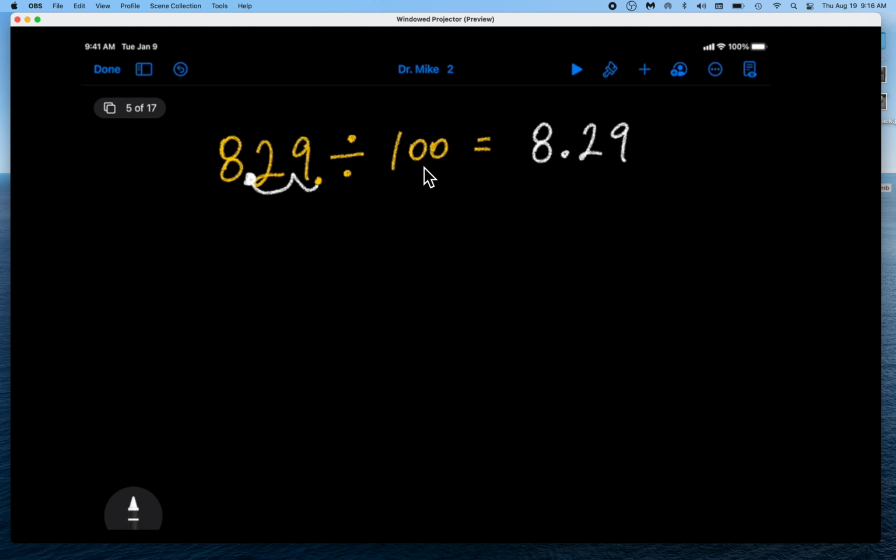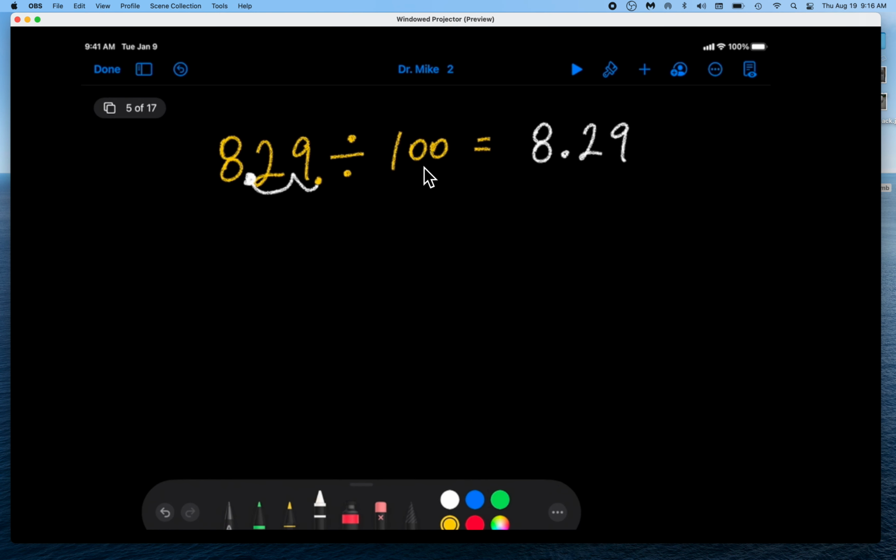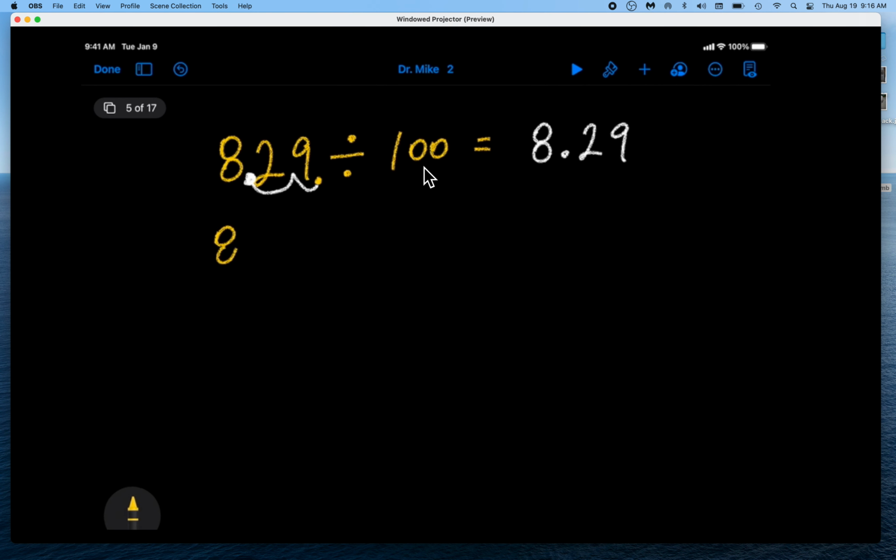Folks, what would we get? I'll throw a curveball at you. If we have 829 times 100, how would you handle that? Well, we'd have the original decimal place. We see that it's now multiplication. We now know that the original number, which is 829, is going to get bigger by 2 zeros.